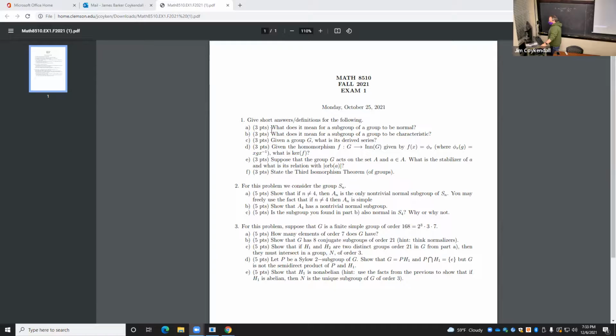Show that G has 8 conjugate subgroups of order 21. So I'll think normalizer. Let's say H is a Sylow 7 group.